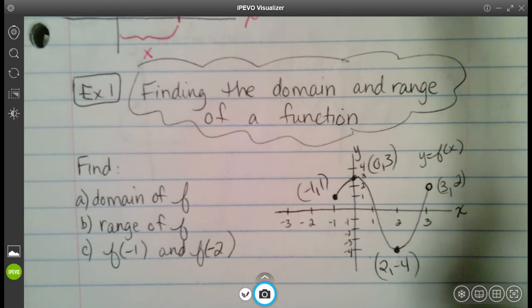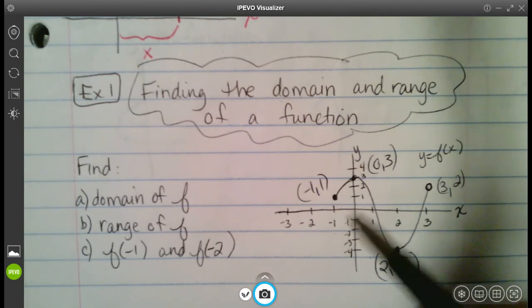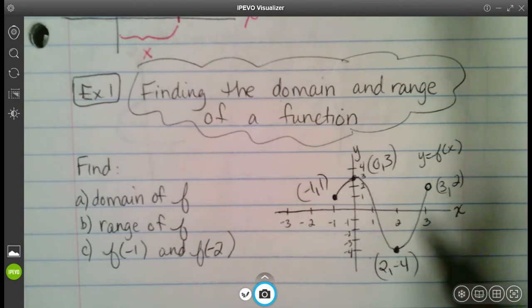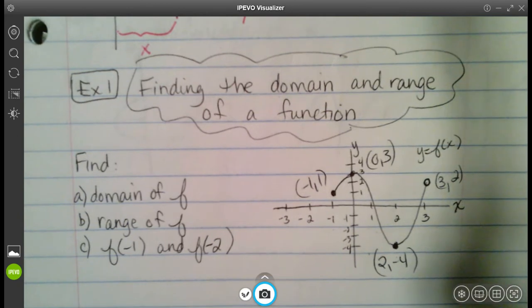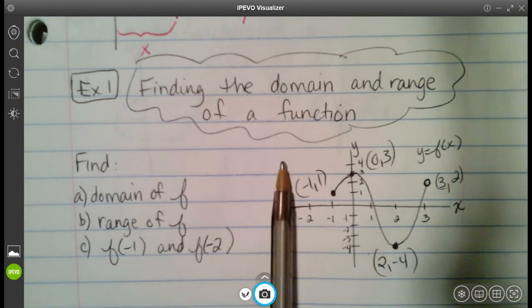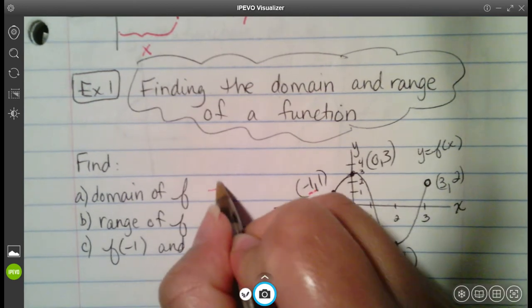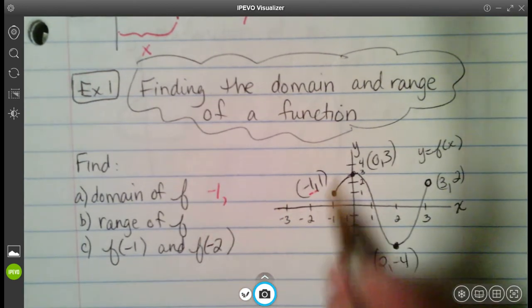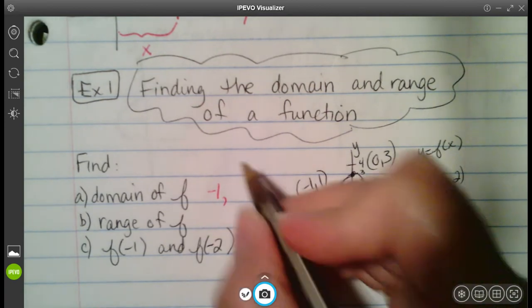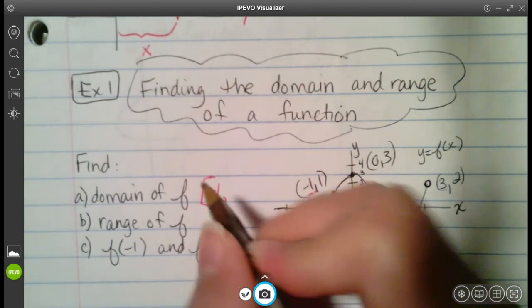All right. So the domain of f is defined to be all of the possible x values, or an interval in this case, because it's a continuous function, meaning it is connected between some point and some point. So for letter A, it looks like the domain is going from left to right, starting at -1. So I'm going to start with -1, comma, and it is a solid circle, so I'm going to include that in a bracket.